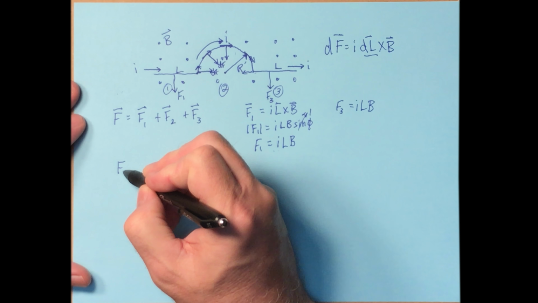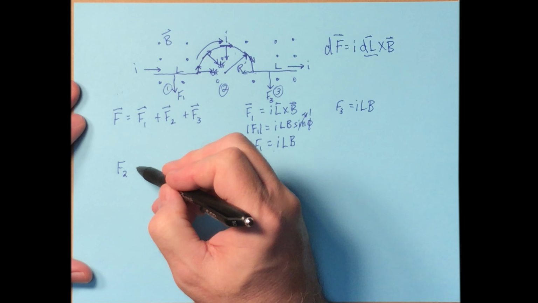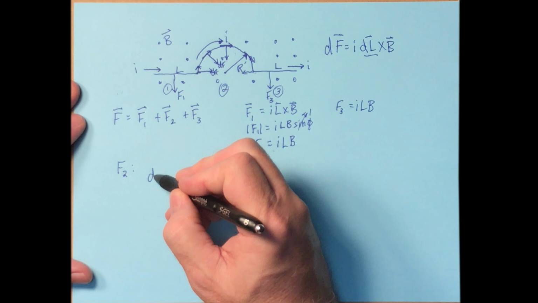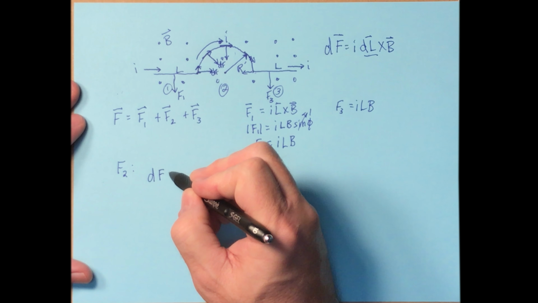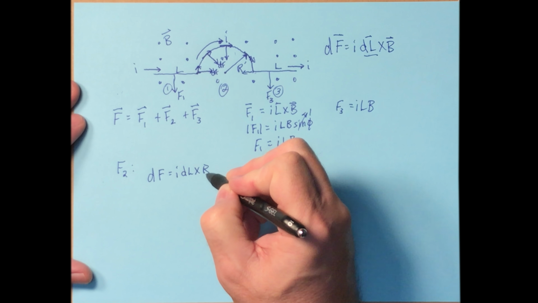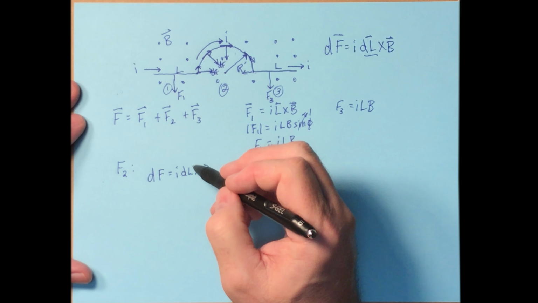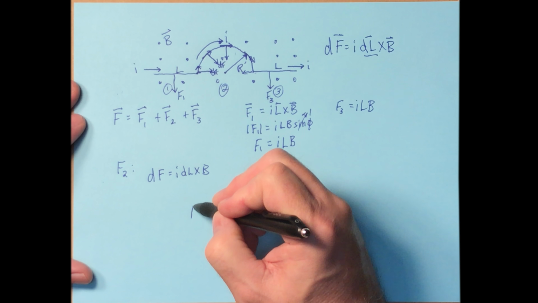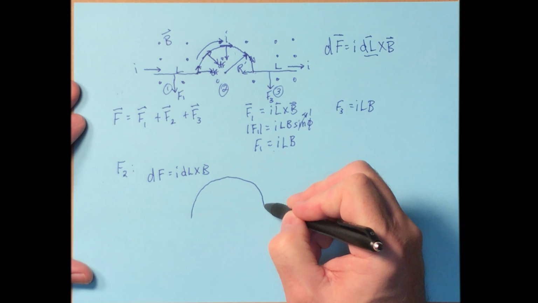So here comes F2. To do F2, we're going to have to break it up into sections, so we need to rely upon our dF equals I dL cross B. Now when we do that, let's enlarge that circular region up there.